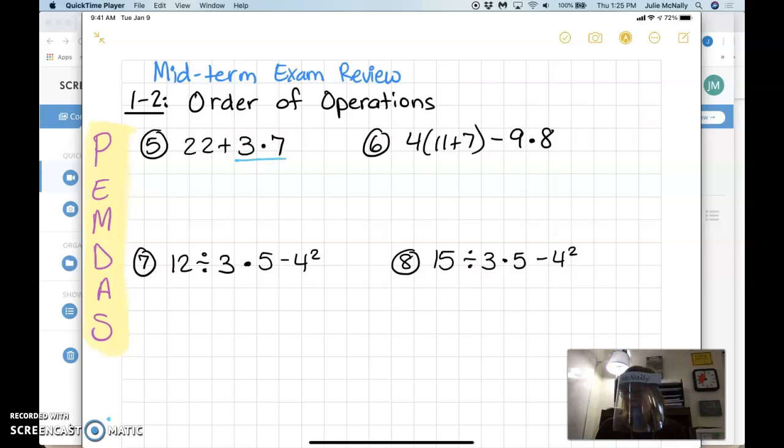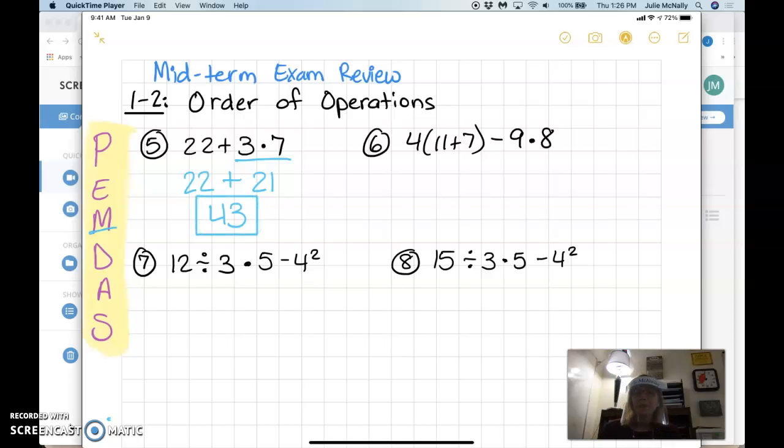I will multiply 3 times 7 because multiplication comes before addition or subtraction. So 3 times 7 is 21, and then I'm going to bring down this part because I haven't used it yet. So the answer is 43.